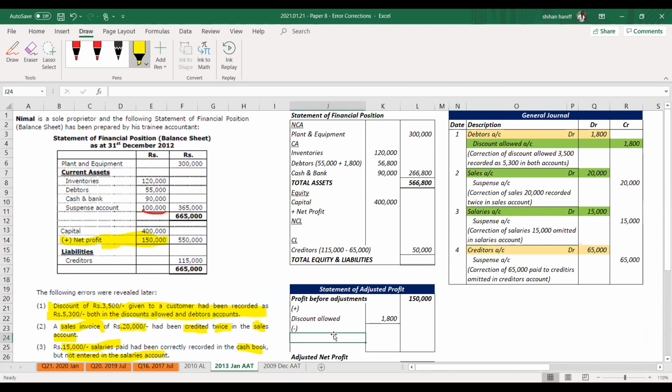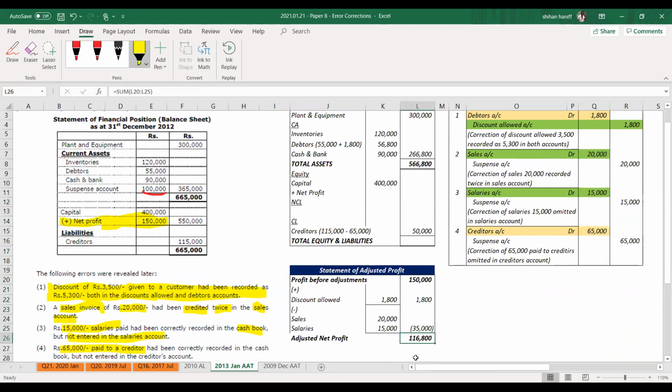Then sales and salaries, those two will decrease profit. So the easy method to remember this is identify income or expense. If the income or expense is credit, it will be plus, debit means it's minus. So that's how you easily remember this.